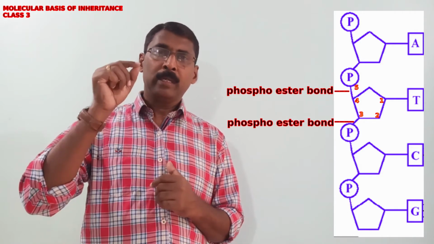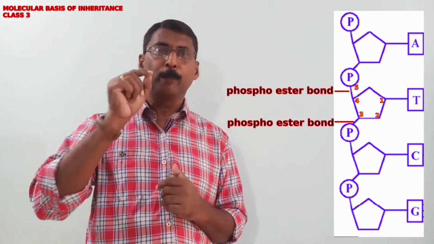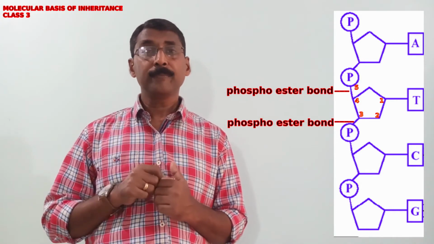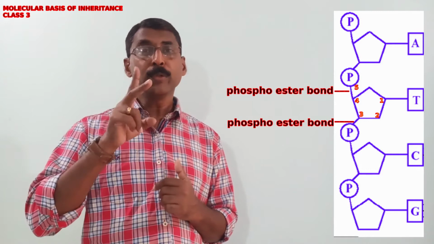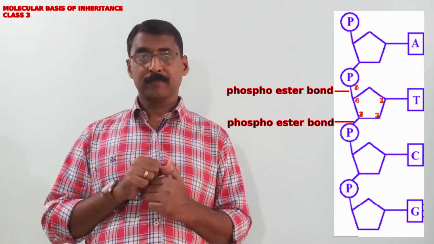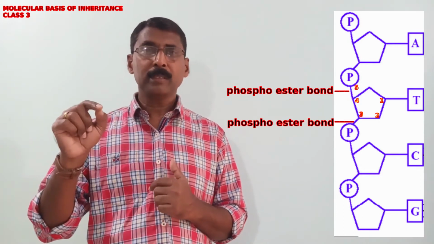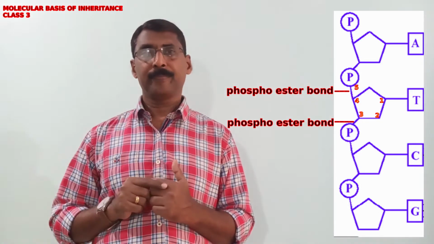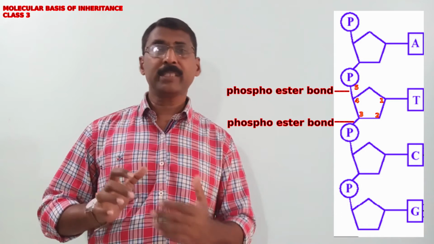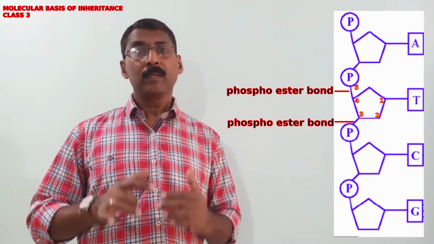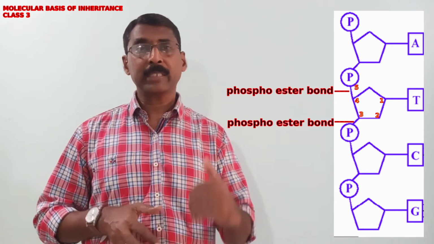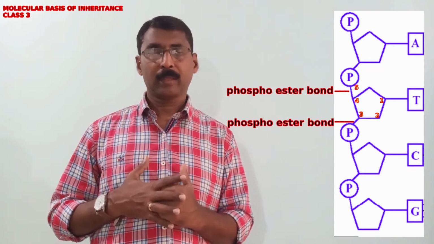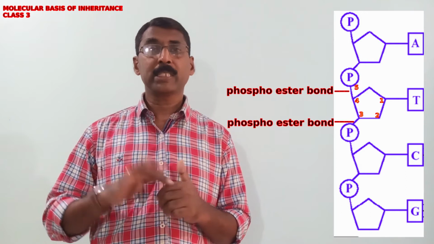So, a single phosphate group is connected to two nucleotides. The phosphate group at the third carbon atom of one nucleotide is also connected with the fifth carbon atom of the next or the preceding nucleotide by a phosphoester bond.